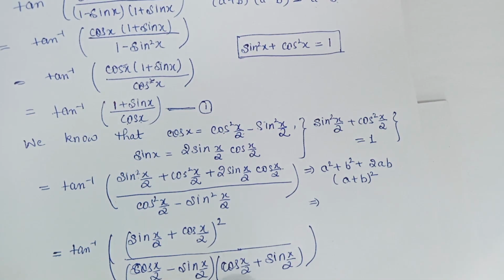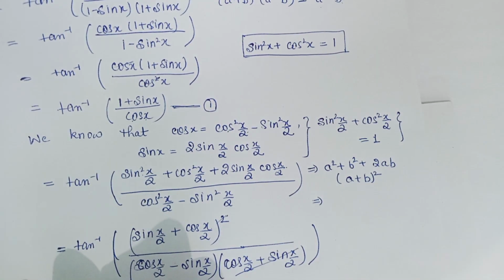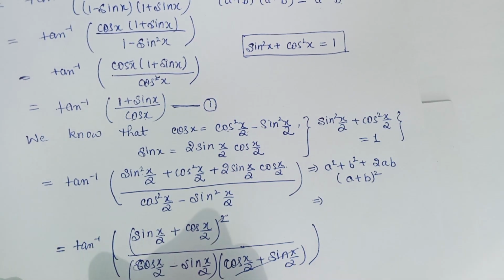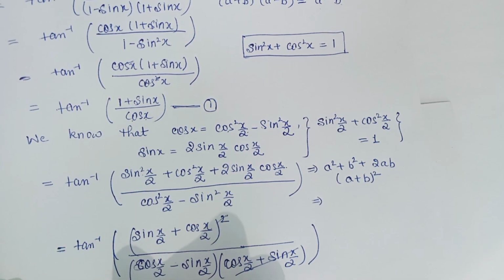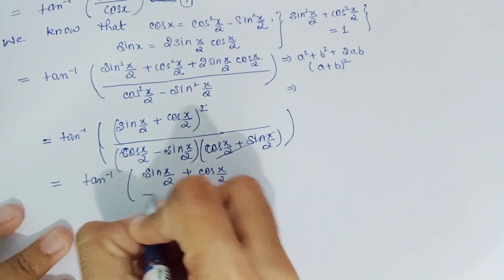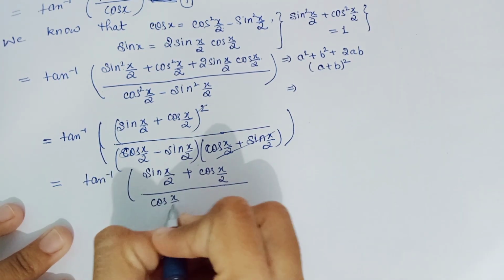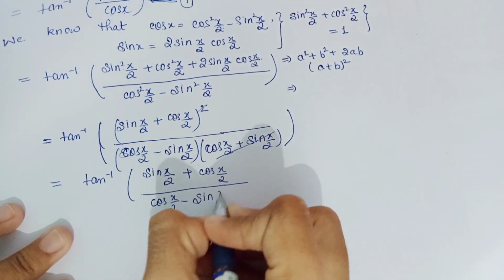Now we will cancel out this with this. So we are left with sin x by 2 plus cos x by 2 divided by cos x by 2 minus sin x by 2.